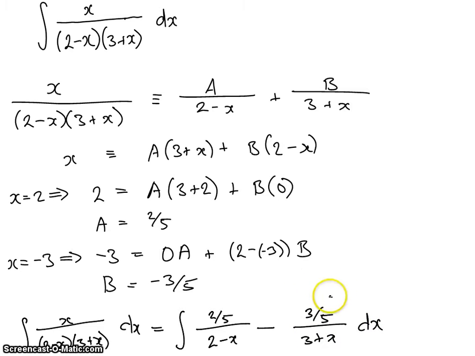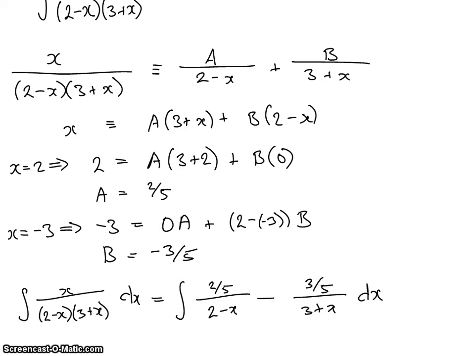And now if you look at it, it's very, very easy for us to integrate a constant over 2 minus x, and just as easy for us to integrate a constant over 3 plus x. We know how to integrate these already.